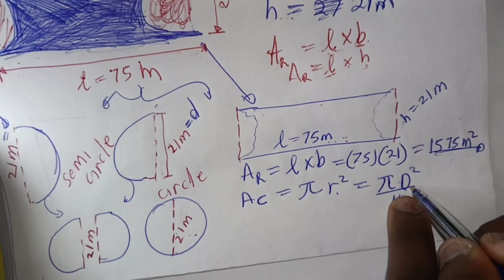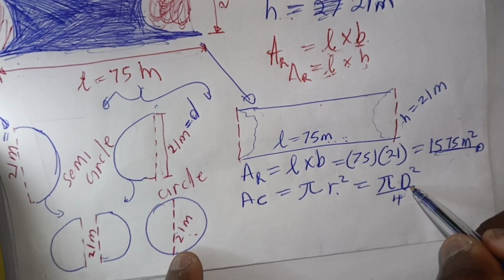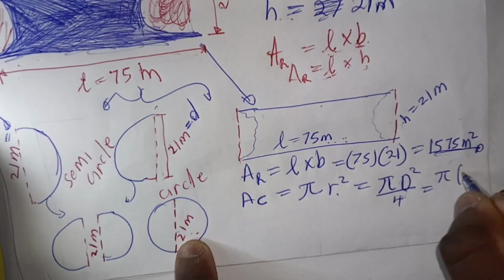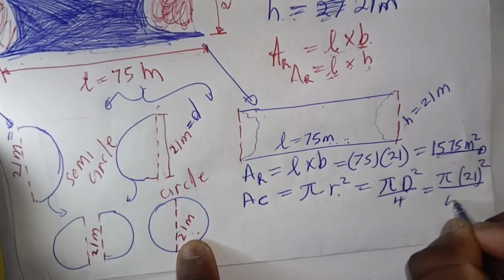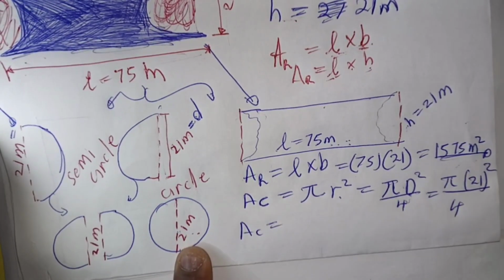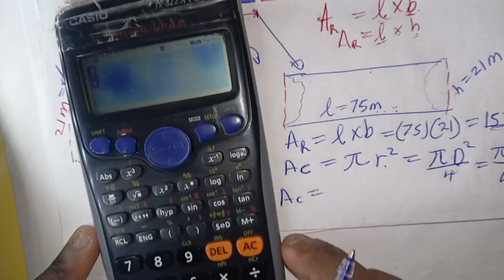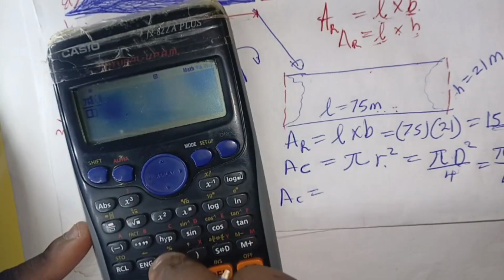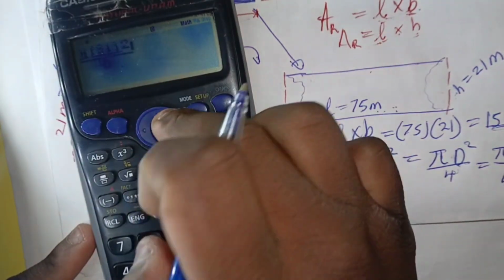Okay, now I know the diameter there is 21, meaning this is just pi times 21 squared over 4. So the area of the circle will be: fraction, shift, press pi, and open 21 over 4.